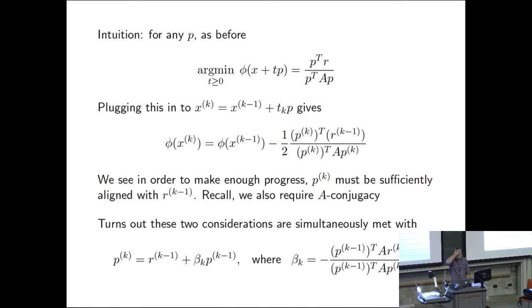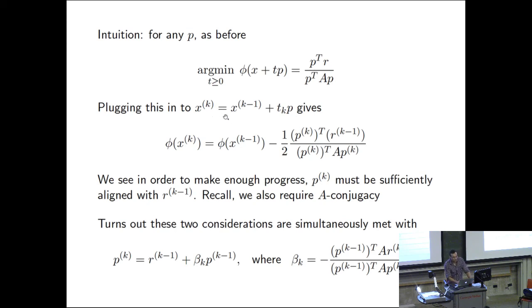Okay, so here's how we proceed. Here's the intuition. If I were to fix a direction p and try to do the step size optimization, it turns out that I can again get the exactly optimal step size because phi is a quadratic. So if you're at the point x and you're trying to move in the direction p, and you ask what is the best t I can take, the answer is p transpose r over p transpose A p, where r is b minus A x.